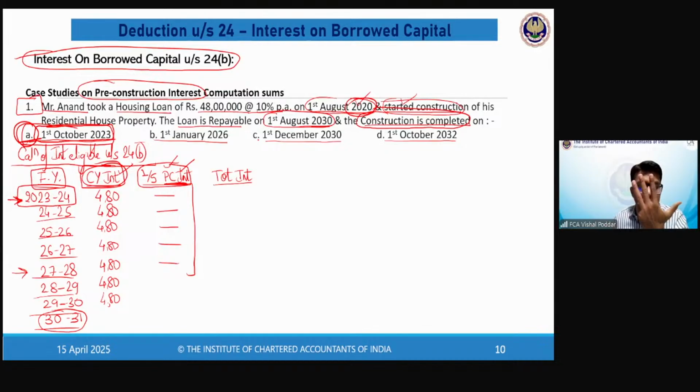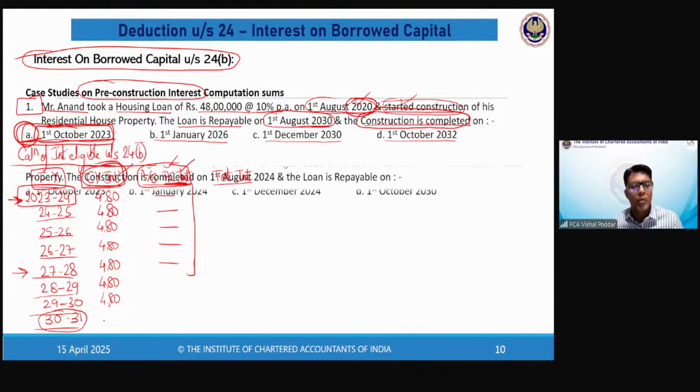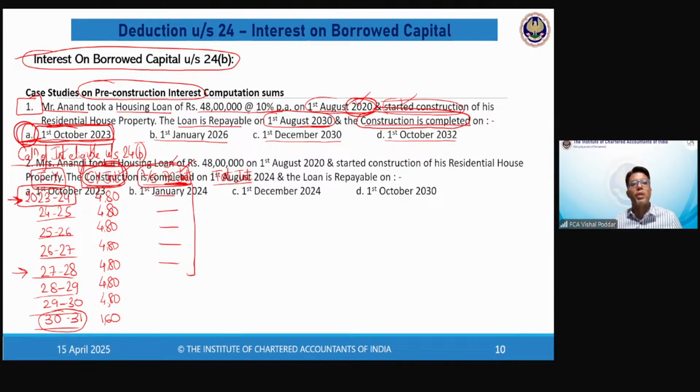So in the year 3031, my loan will be only for April, May, June, July, 4 months. I hope this is clear. So for 4 months, the interest would be how much? I think 1,60,000. So in the last year, my interest would be 160.